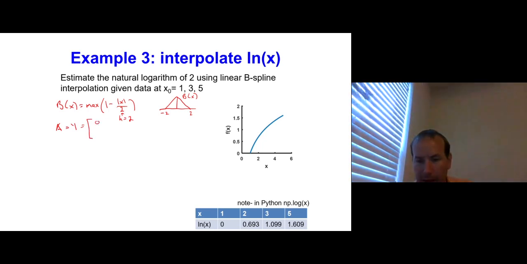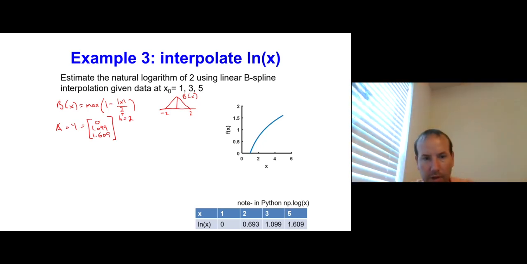We're taking data at 1, 3, and 5, which is 0, 1.099, and 1.609. And so the solution to the coefficients is given almost right away.